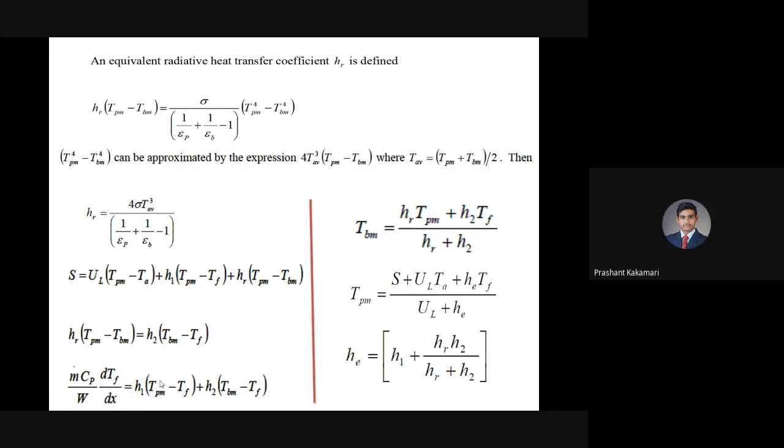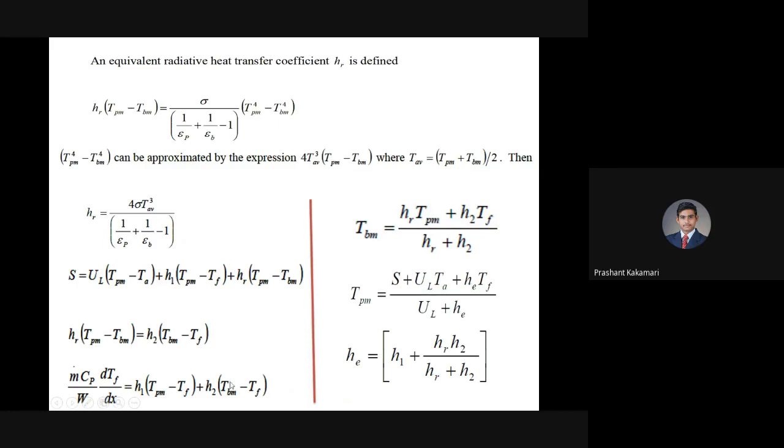So keeping this TPM value, TPM as (S plus UL TA plus HE TF) divided by UL plus HE, you can substitute in this TPM. That is one form. Then TBM, you can substitute in this form. Then again in the TPM, you can substitute S plus UL.